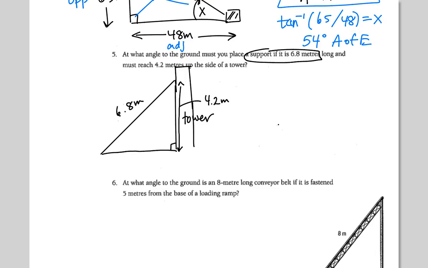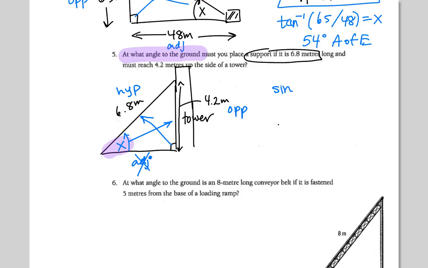They ask us what is the angle to the ground, so that's in there. So they want us to find that angle. So straight across that angle, 4.2 is the op. Straight across the 90, that's the hyp. And they didn't tell us anything about the adjacent. So the formula that does op and hyp is sine.